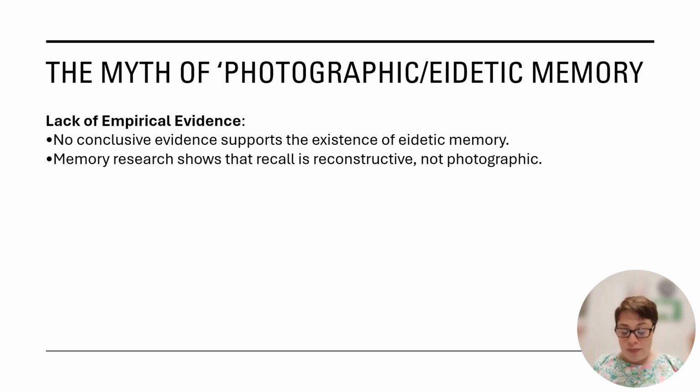So we have the initial memory of the event as it actually happened, and then we have reconstructions of the event from the news media, from conversations that we've had with friends and family. And so all of these different sources of information kind of get convoluted together into this reconstructive narrative. So the way that we fundamentally retrieve information would suggest that it's not photographic.